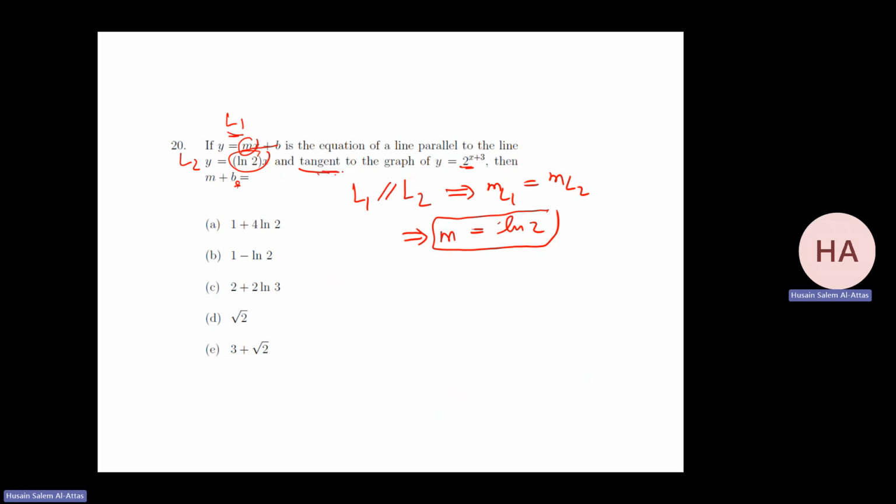This line is tangent to the graph of this. It means the slope of L1 is f prime at a point.